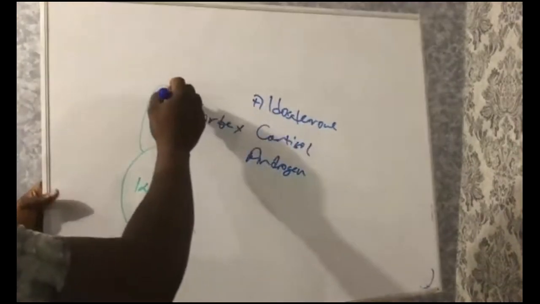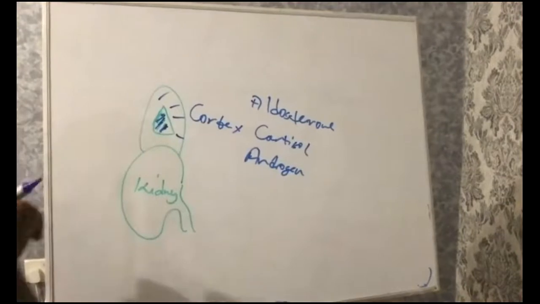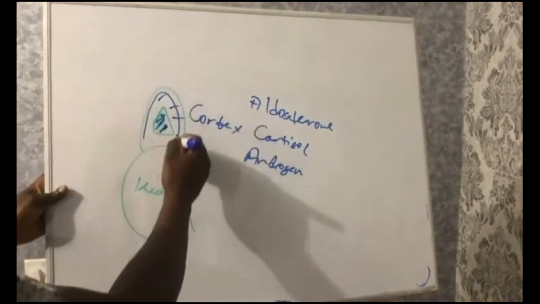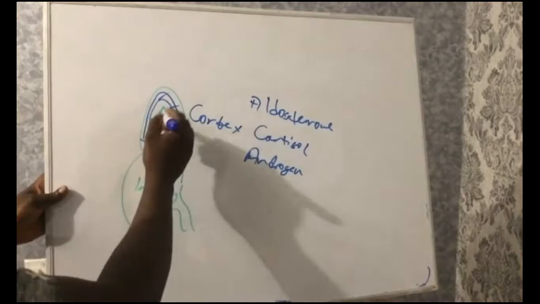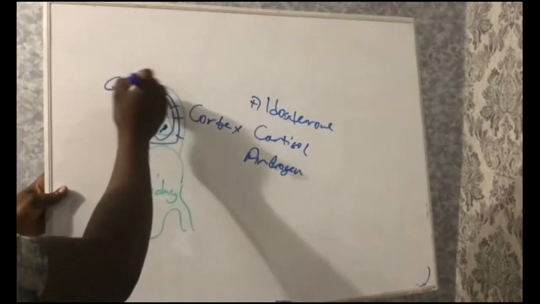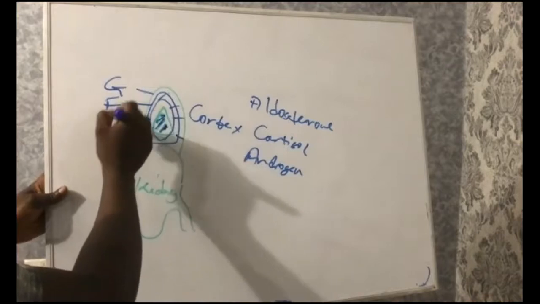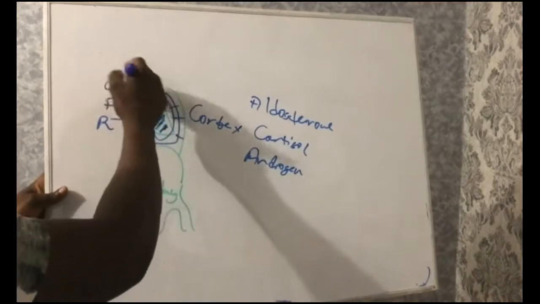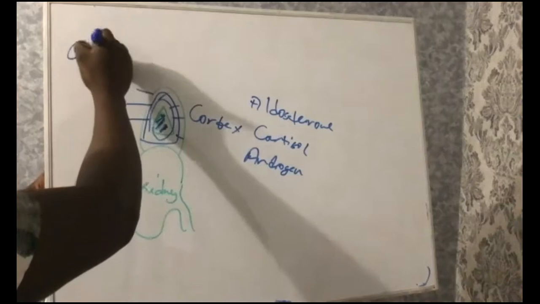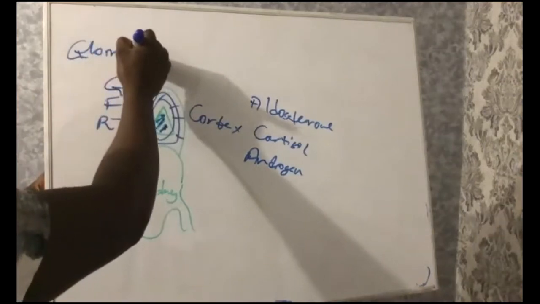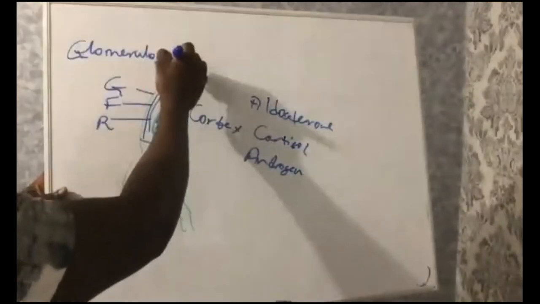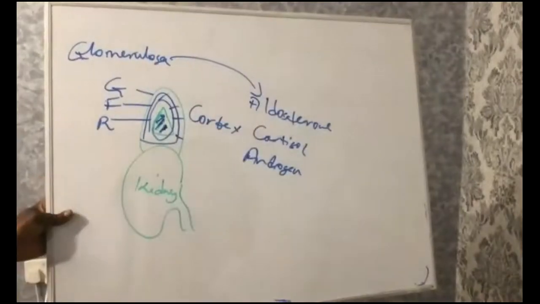aldosterone. The adrenal cortex has 3 layers, right? So remember GFR, okay? The G stands for glomerulosa, and it's the glomerulosa that produces the aldosterone, right?